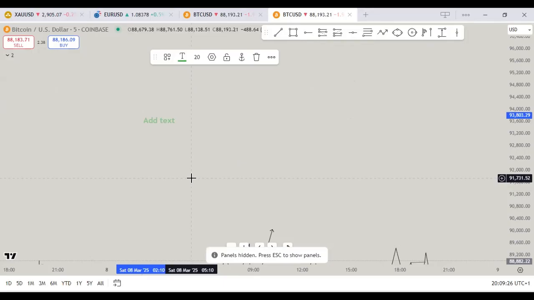Trade the order block, the breaker block, and QMR.